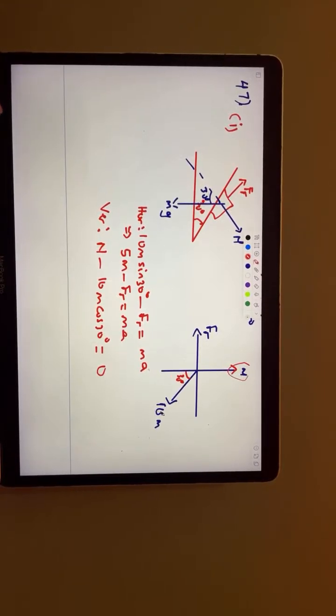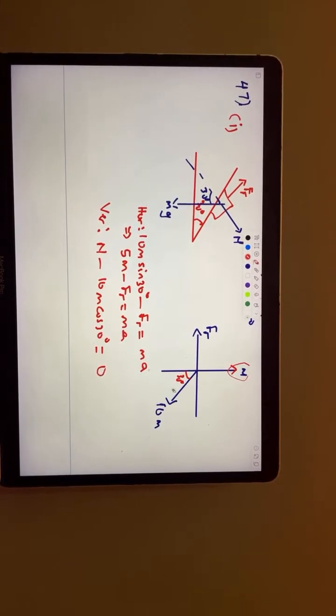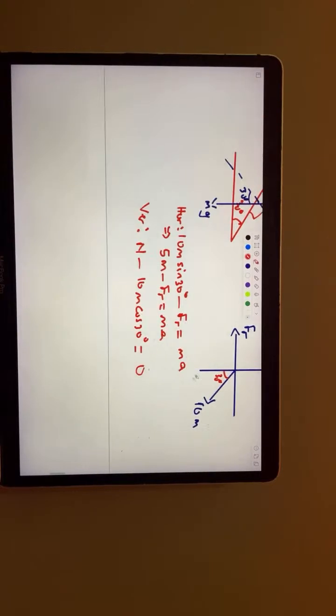N is going up, 10m has a vertical component opposite it, Fr is directly horizontal so it will not have a component in the vertical. Because the angle is made with the vertical, that's why I'm using cos 30 degrees. So N minus 10m cos 30, which is 5 root 3 m, equals 0. That implies that N equals 5 root 3 m newtons.